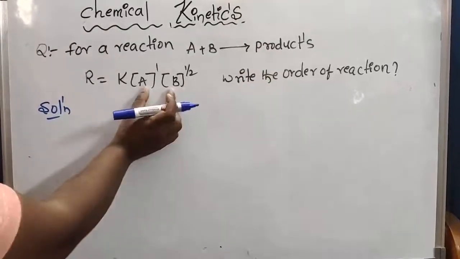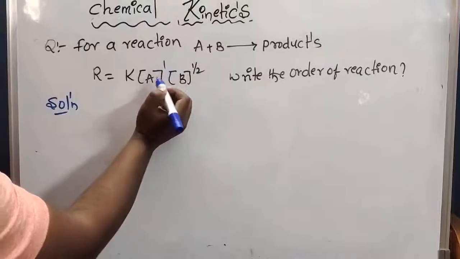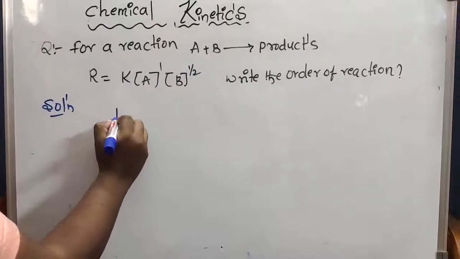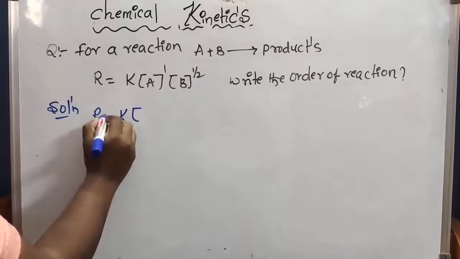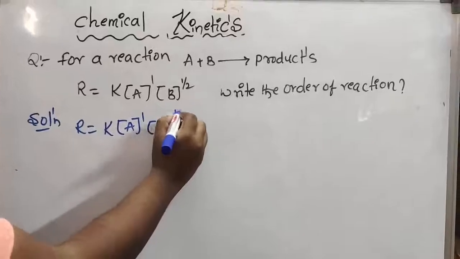Very easy. These two are concentrations of reactants. The powers of concentration of reactants are 1 and 1 by 2. So R equals K, [A] to the power of 1, [B] to the power of 1 by 2.